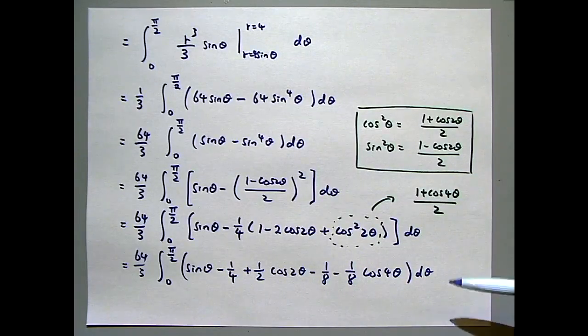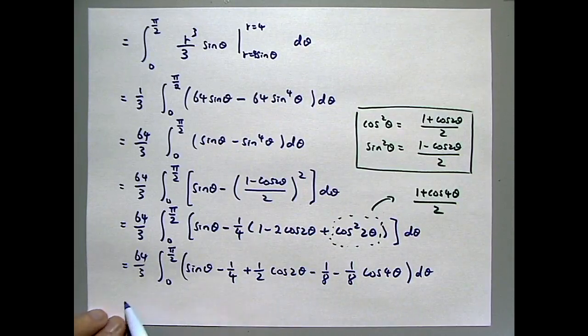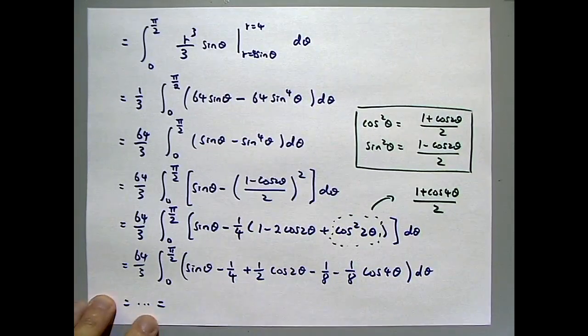And once you got to this point, from here on, this is the easy part. We're just integrating very simple trig functions. Cosine 4 theta, you can integrate that. Cosine 2 theta, you can integrate that. Sine of 2 theta, all of that is easy to integrate. So after this it is not hard anymore. And I'm going to skip all the annoying details there. They're annoying, but they're not difficult.